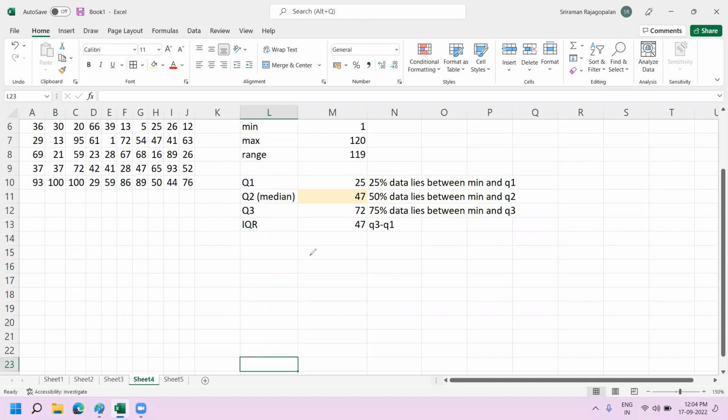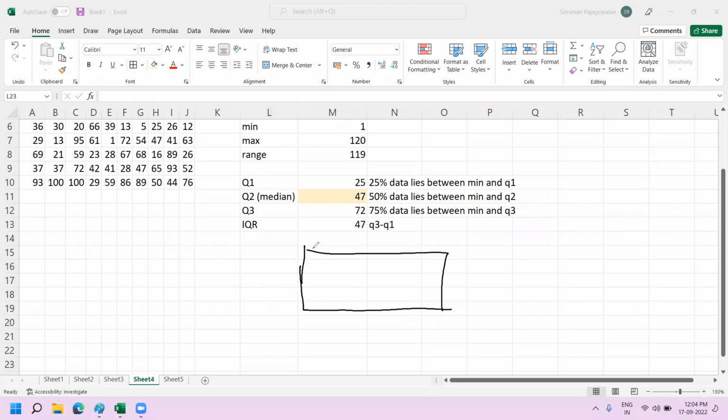You have a box like this, and then you have vertical lines, one for each quartile. Technically there are 3 lines, Q1, Q2, and Q3.